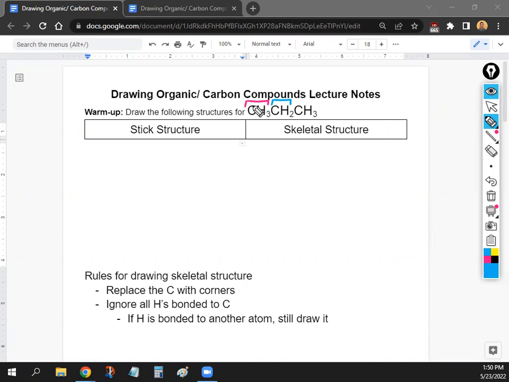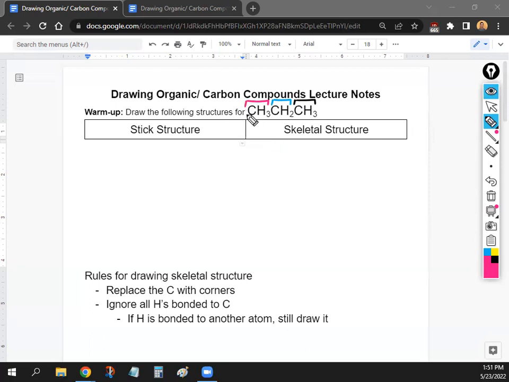So we got this CH3 together, this CH2 together, and then this CH3 are together. Okay, so when the elements are split up in the formula like this, we assume that they are together.